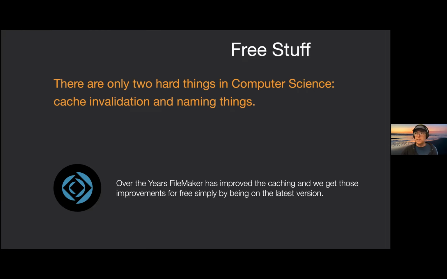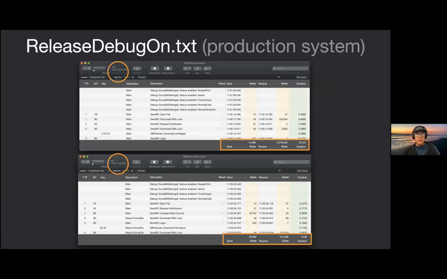Oftentimes I struggle to find the right names for fields or other aspects of a solution to be clear and concise. That's interesting from the point of view of transactions and how we edit data, because we're inherently building a kind of cache of the data locally, and I'll talk about that coming up soon.